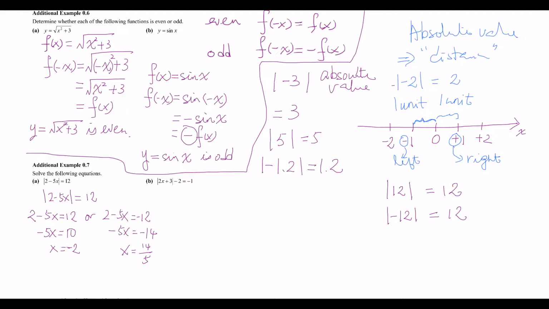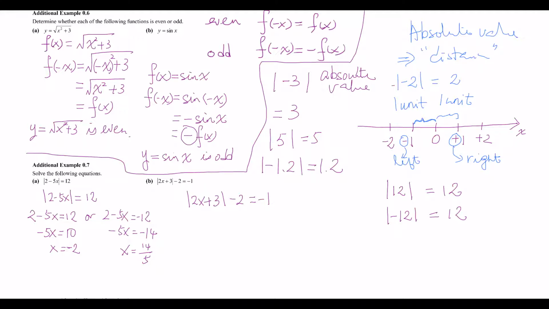X can be minus 2 or 14 over 5. Okay? And then we look at part B. Part B, we have the absolute value of 2x plus 3, minus 2 equals minus 1.